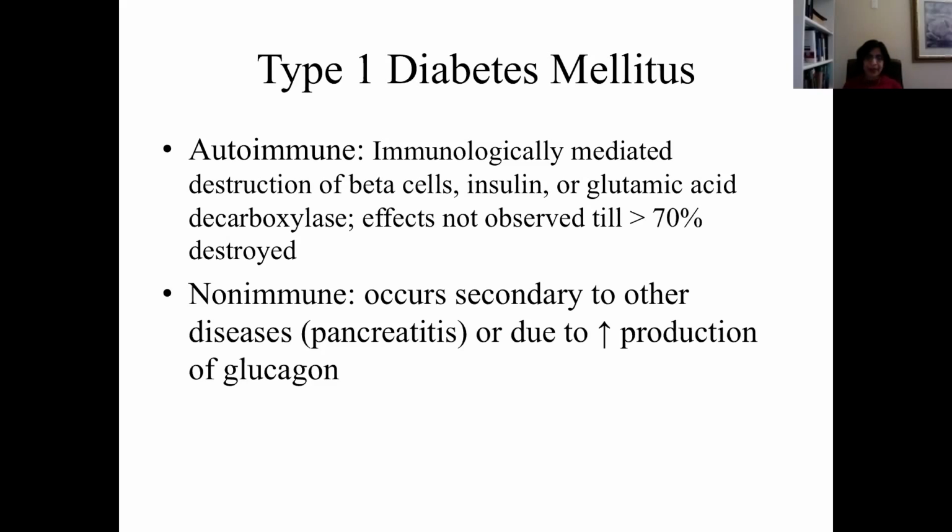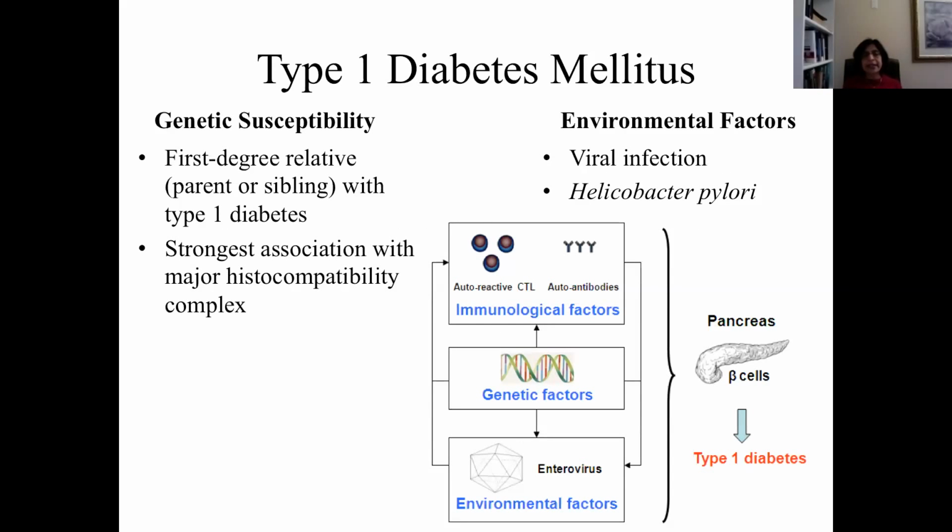All right, so with this, we'll move on to look at more details about type 1 diabetes. So we know that there is a genetic component, first degree relative, parent, sibling of that sort, and strong association with the major histocompatibility complex. Again, this is to do with the immune component. Environmental factors that may be involved, viral infection, H. pylori, are connected to type 1 diabetes as well.